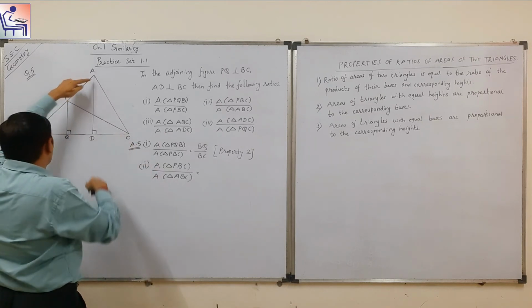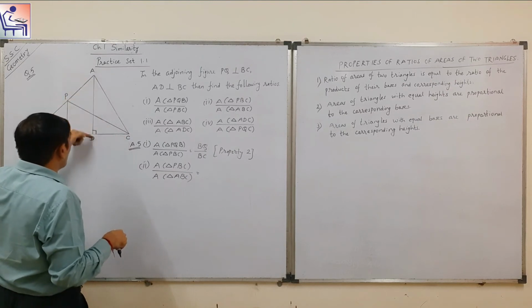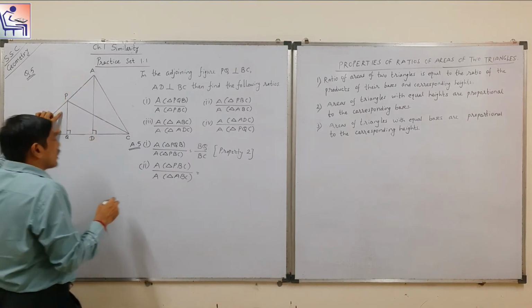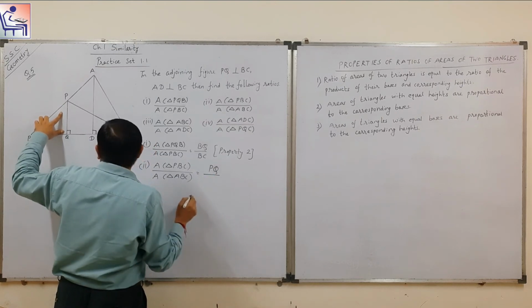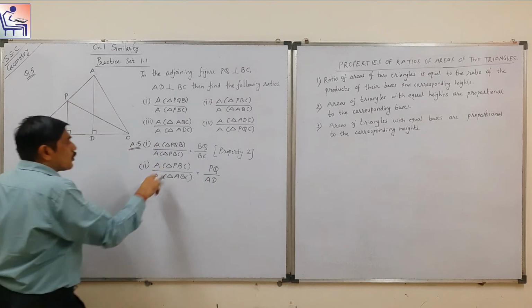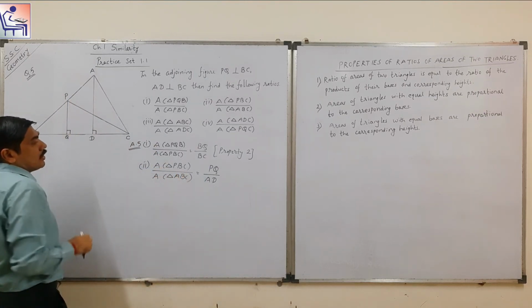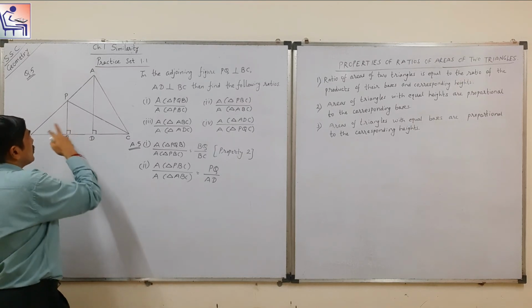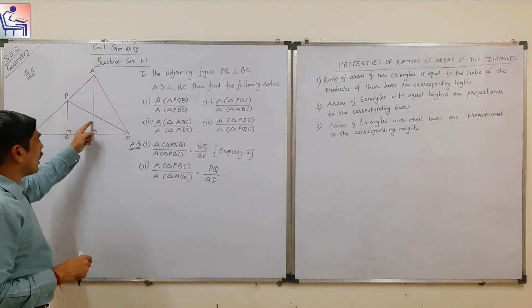Then area of triangle ABC. Again BC is the base and AD is the height. So we can say here PQ upon AD. Why? Because if you have noticed in both the triangle BC is common and that is a base. So we will say that the ratios of areas of two triangles depends upon their heights.